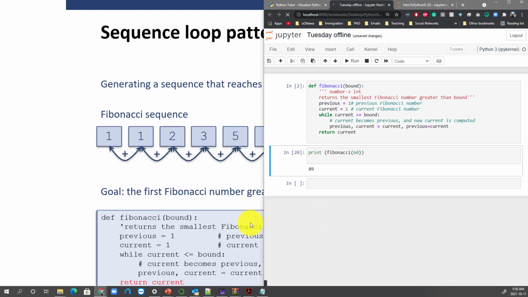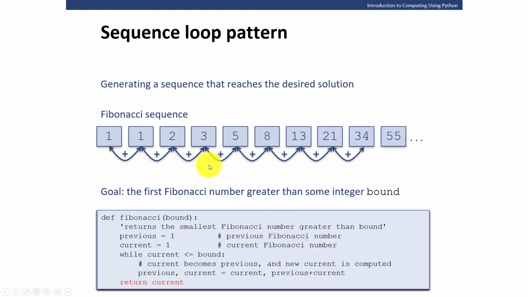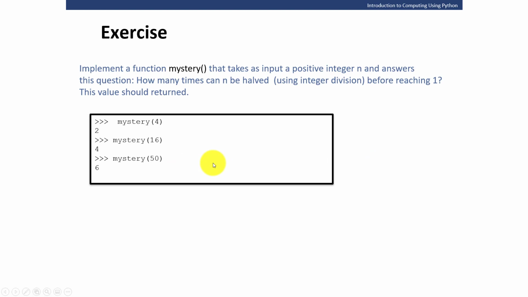All right. Let's go back, and if you remember the function mystery, which is similar to the assignment, the logical function. That function will take a number and determine how many times the number can be halved using integer division before reaching 1.